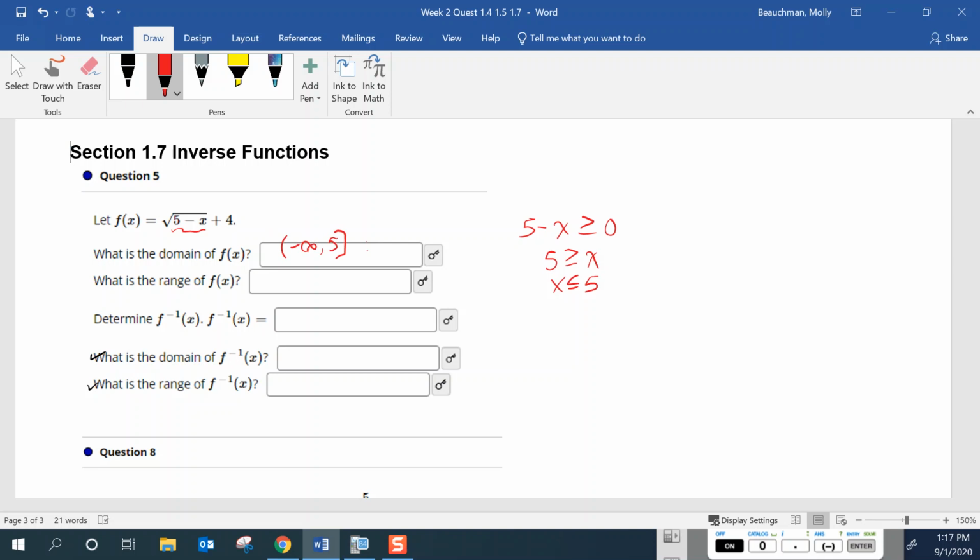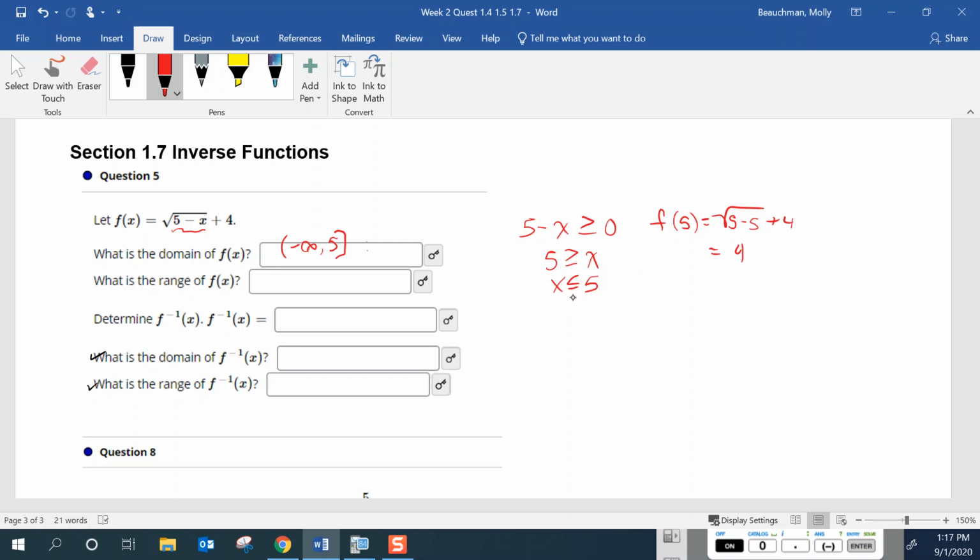The range is the y values. So since x is restricted, the domain is restricted, then the range will be restricted as well. The restriction starts with 5, so I'm going to see what happens in the function when I put in 5. I end up with 5 minus 5, plus 4. So I know the point (5, 4) is on the graph.